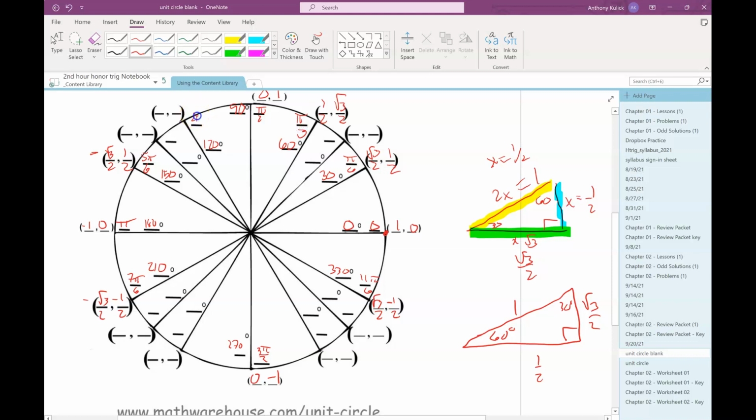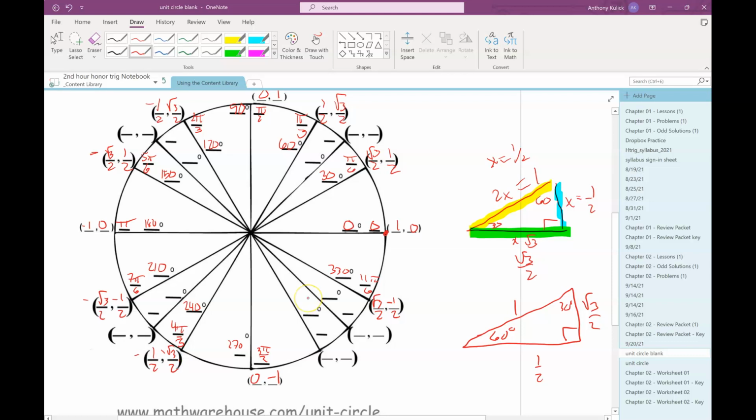And that's 120, or 2 pi over 3, so negative 1/2, root 3 over 2. And that's going to be 240, or 4 pi over 3, and we have negative 1/2 and negative root 3 over 2.